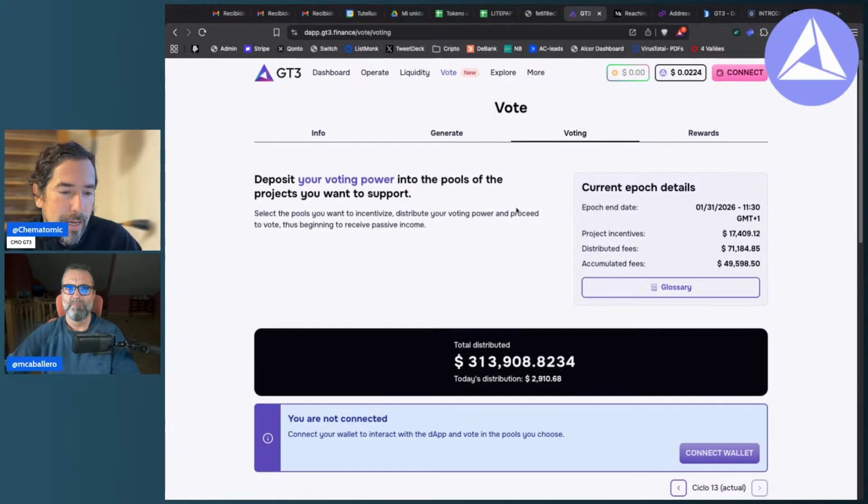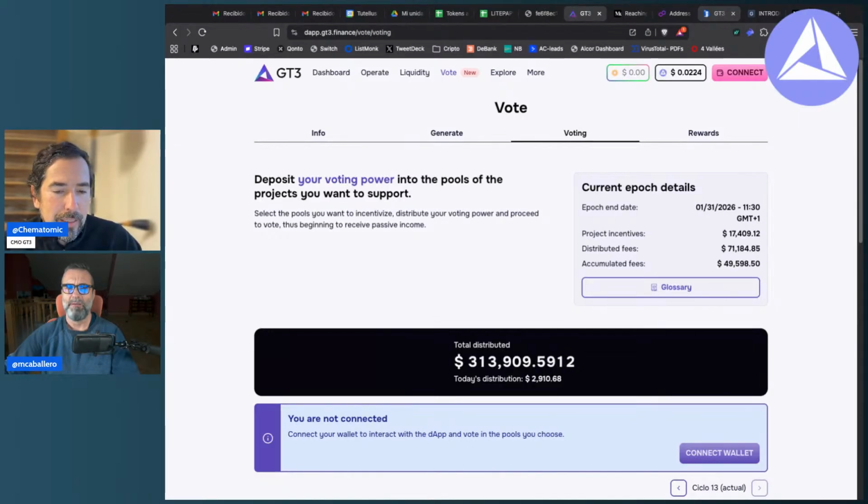Because at the end of the day, it's all about utility and a place to do swaps, a place to participate in selecting which liquidity pools are available. It's something very useful. And the way to enter into that, let's say, joint venture, is to acquire the GT3 token.